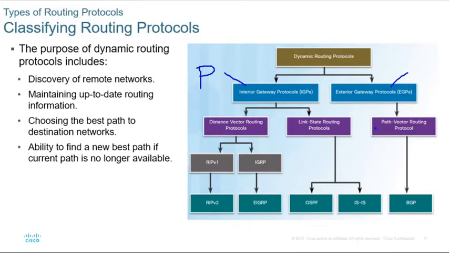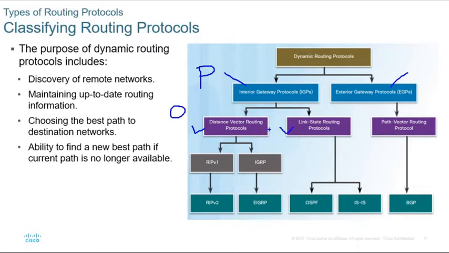The second row talks about the operation. Under operation, as you can see, under IGP we have two categories: distance vector and link state, which are the two main focus routing protocols under this module.